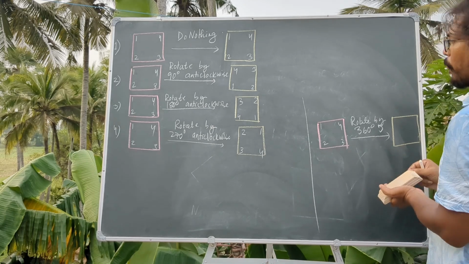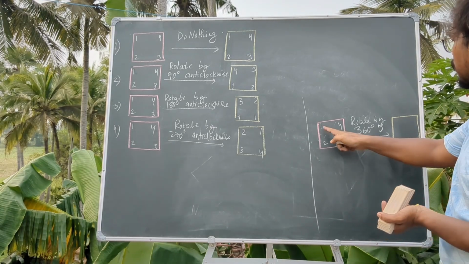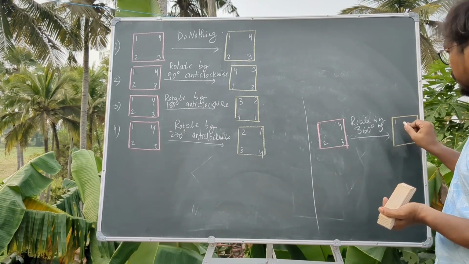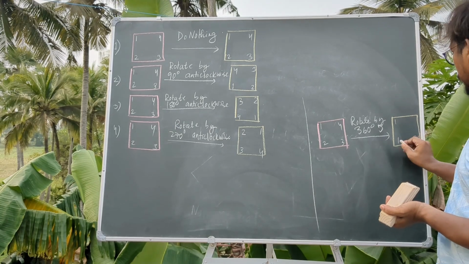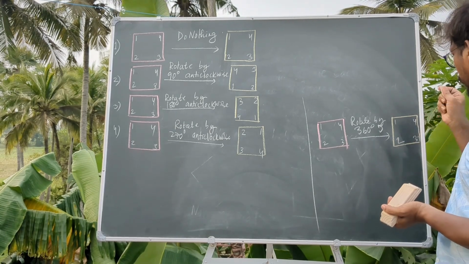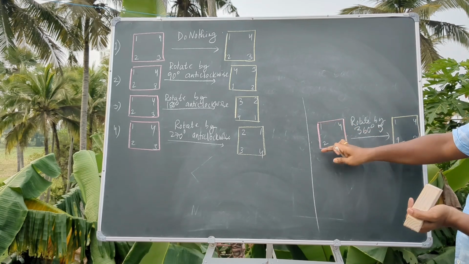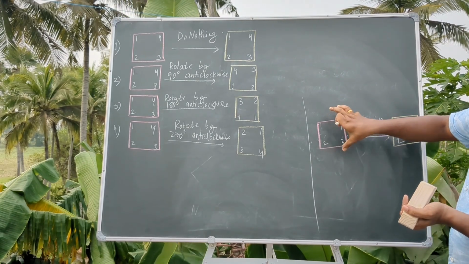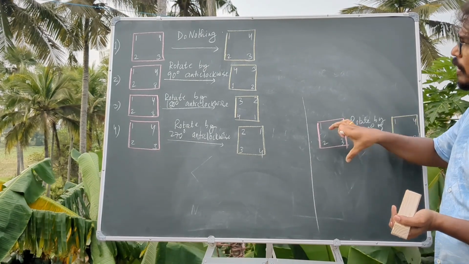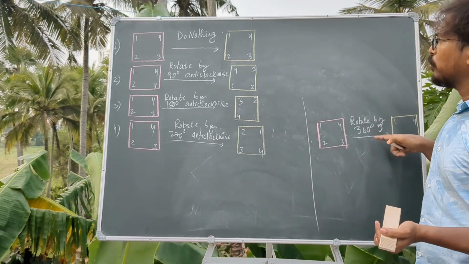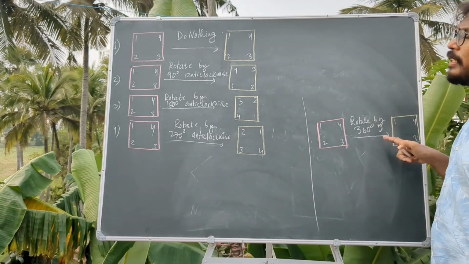But the thing is, 1 will be here, 2 will be here, this is 3, this is 4. After 360 degree rotation, we will get our square as it was. It is like doing nothing. We are interested in the net effect.